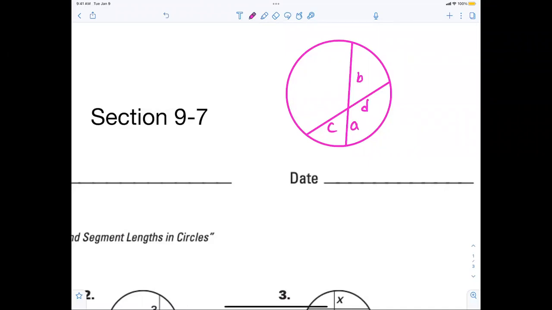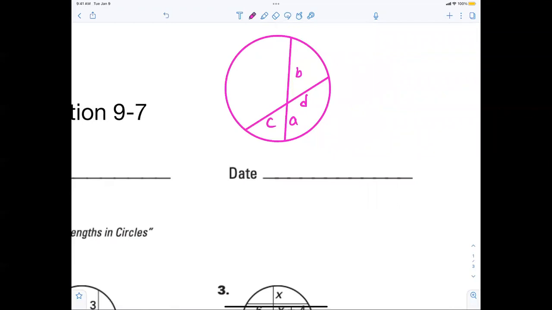But what they do say, or it's easy to prove, is that A times B is always equal to C times D. So the product of the parts of the intersecting chords is always equal. Again, I'm just saying that's another rule for you to remember. It's not a difficult thing, it's just a rule.